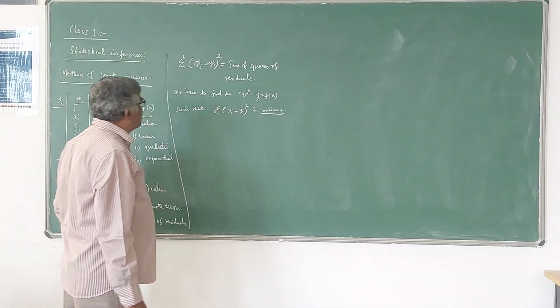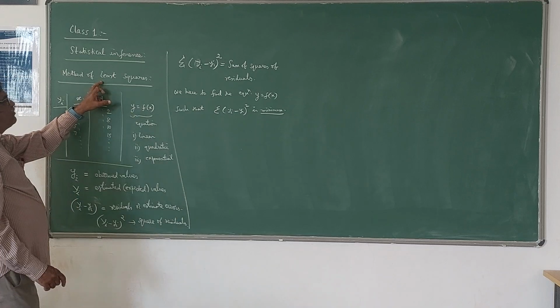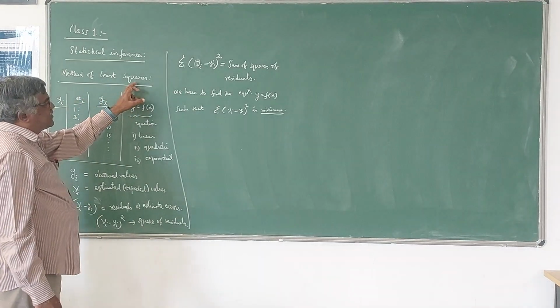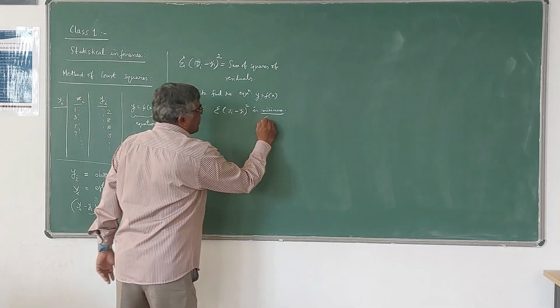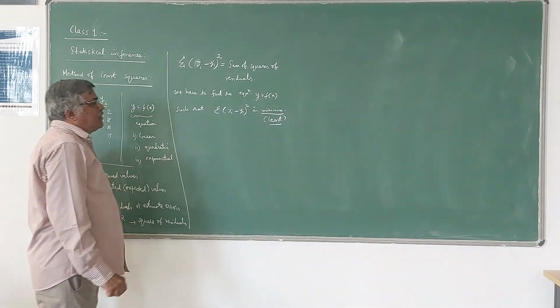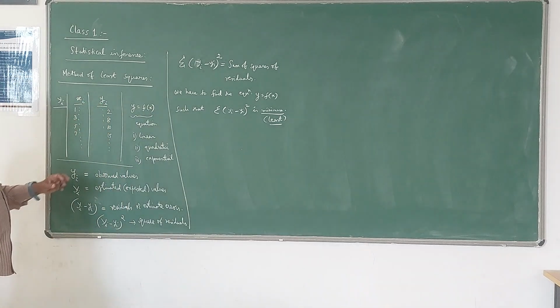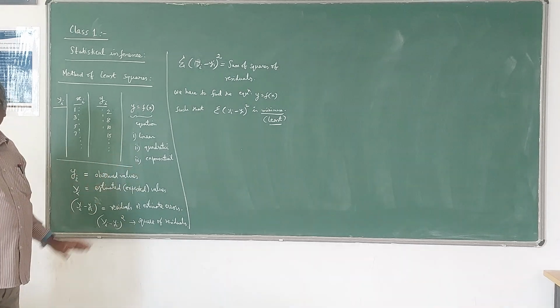So this is the basic principle behind this method. That is why this method is called the method of least squares. So that means the sum of the squares should be least or minimum. So based on this principle, we can always develop an equation of these three types: linear, quadratic, or exponential.